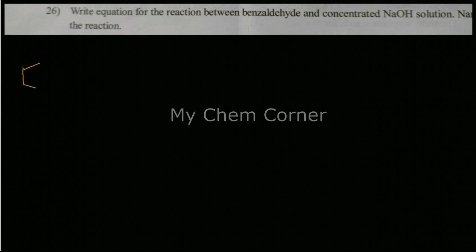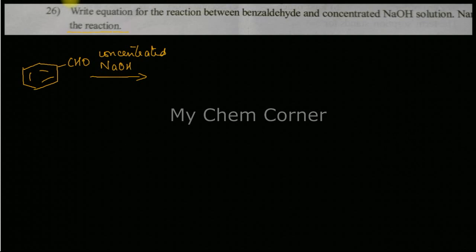Here we have benzaldehyde as our reactant, and this is going to be treated with NaOH, which is concentrated. Now, in the entire aldehydes ketones chapter, there's only one reaction where concentrated NaOH is given, and there's a clue here. It is a name reaction. That's why the second question is name the reaction.